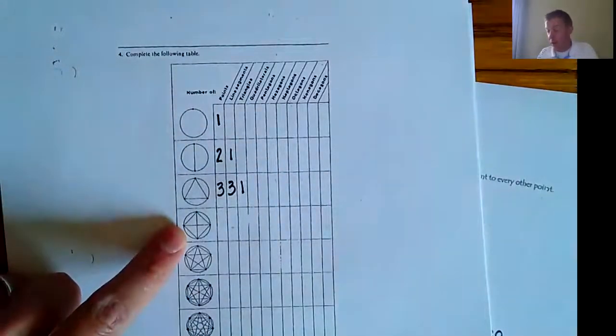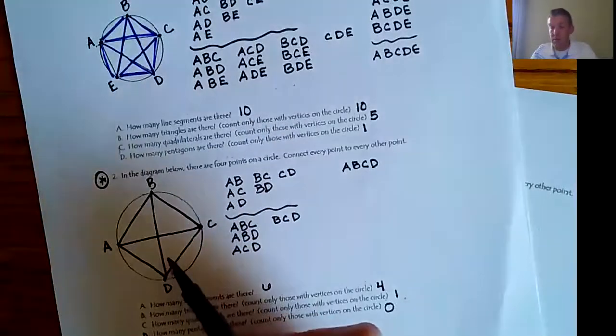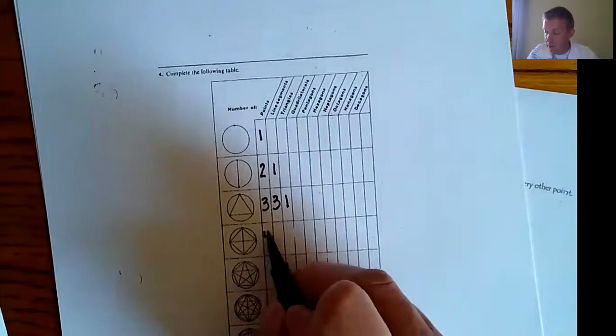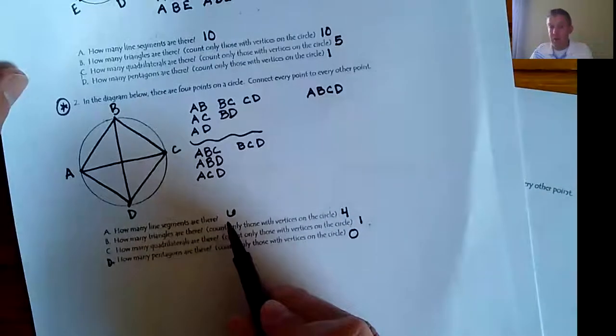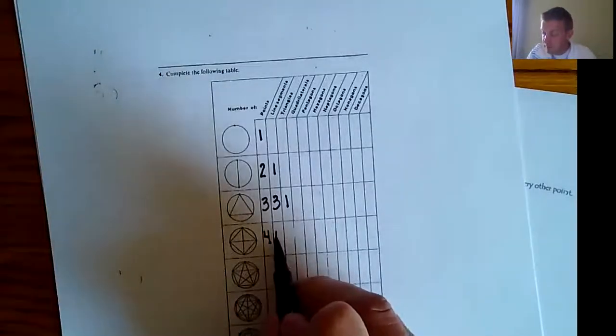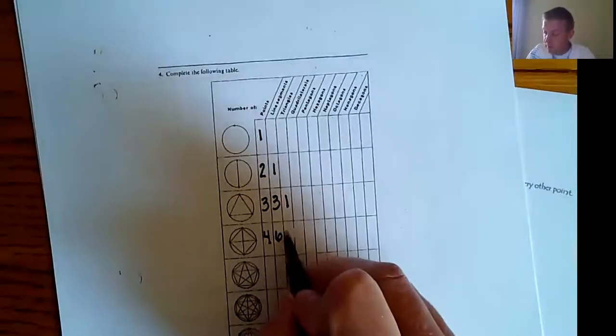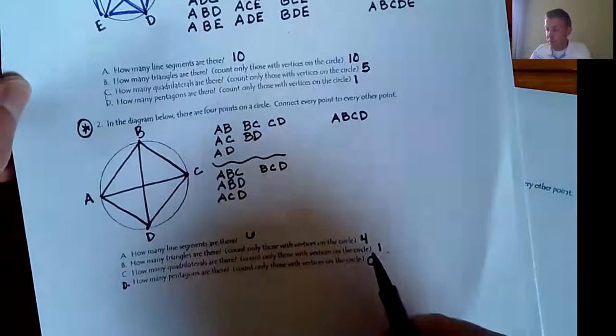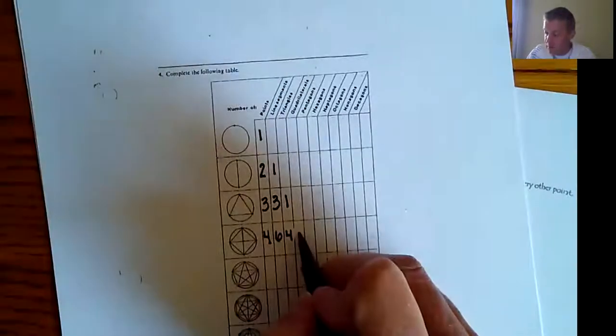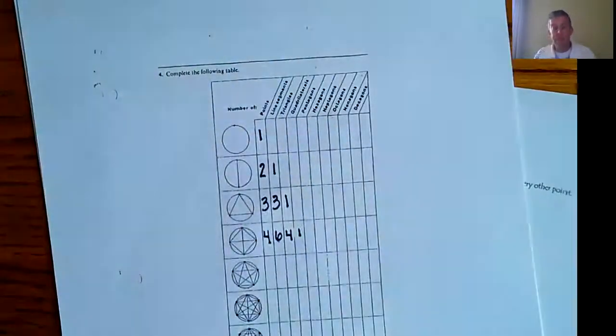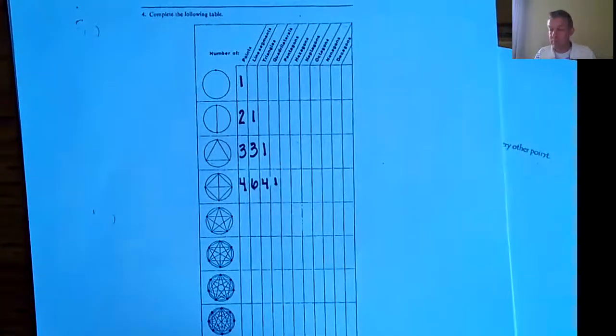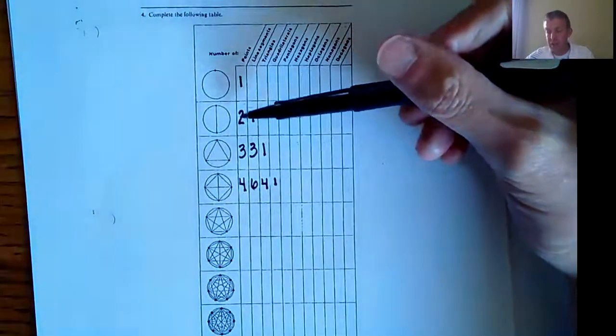Now this fourth one we already did. If you flip back to page 41 real quick, that's this one. We had 4 points. We said there were 6 line segments. We said there were 4 triangles. We said there was 1 quadrilateral, and there couldn't be any pentagon. Are you starting to notice anything?